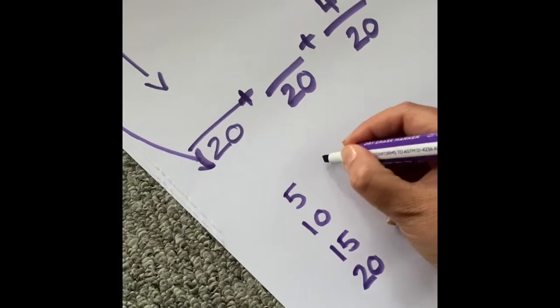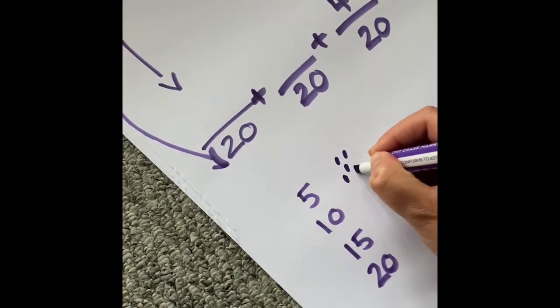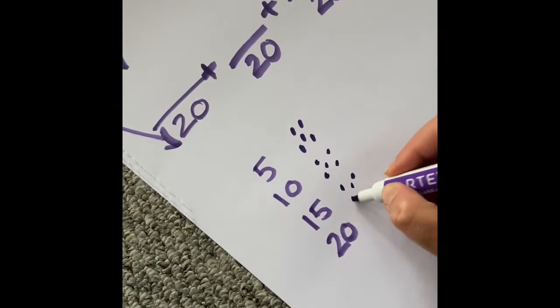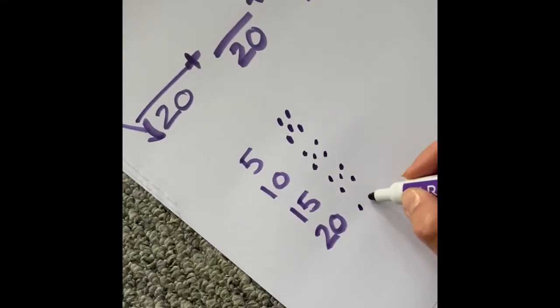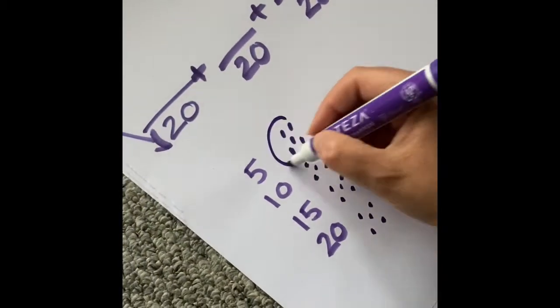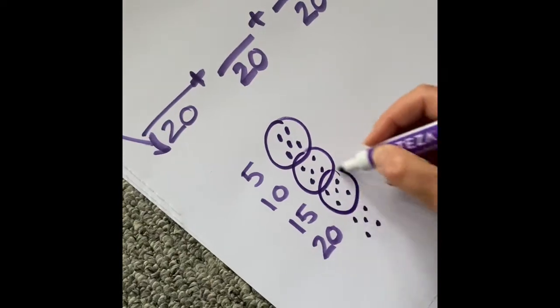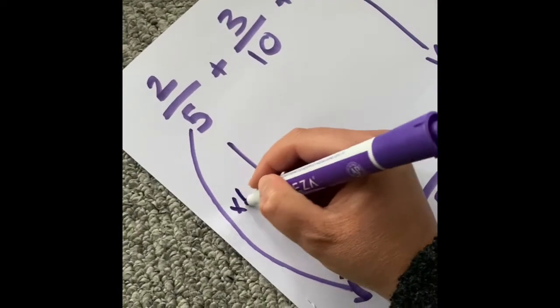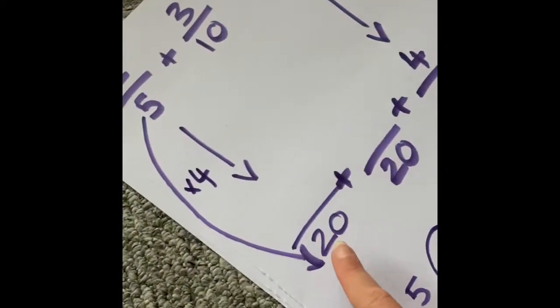And I could think about that if I was thinking about arrays like this. That's 1 lot of 5, 2 lots of 5, 3 lots of 5, 4 lots of 5, okay? They are groups of, and these are my groups that I'm thinking of. So I need to multiply 5 by 4, because I've got 4 groups of down here to get to 20.